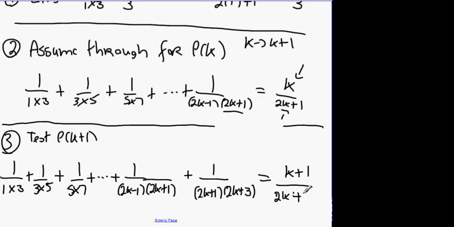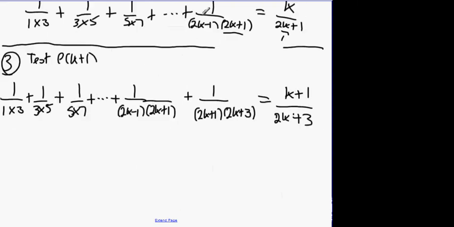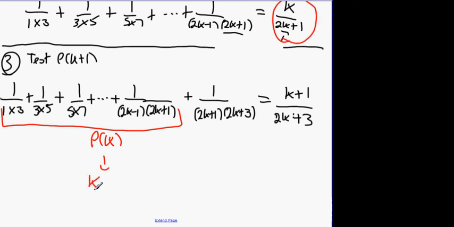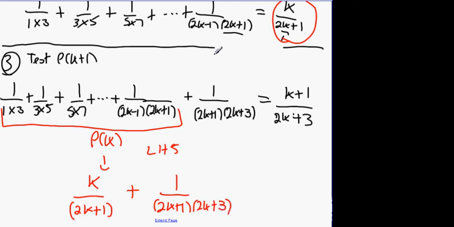Now, as stated before, this part here represents P of k. And P of k is represented by this number here, which is k over 2k plus 1. And this is the left hand side at the moment, and the left hand side plus 1 over 2k plus 1 into 2k plus 3 equals the right hand side of k plus 1 over 2k plus 3.